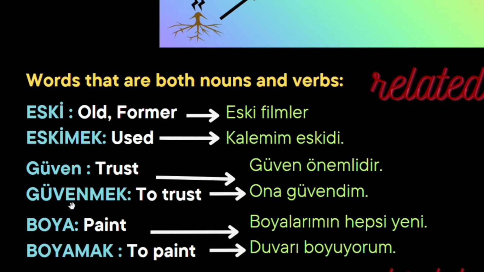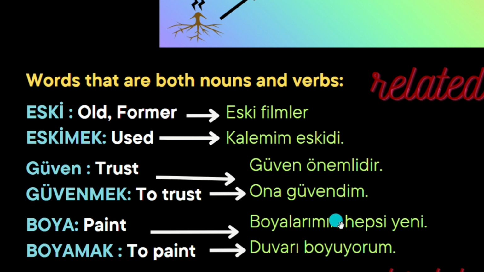A third word is, for example, boya. Boya means paint, as a noun form. Boyalarımın hepsi yeni. What does that mean? Boya means paint. Boyalar, paints, plural form. Boyalarım, my paints. Boyalarımın.